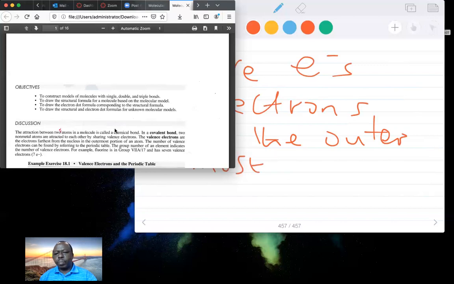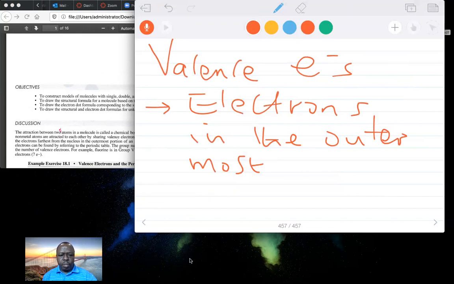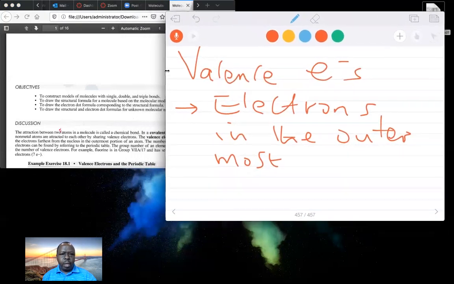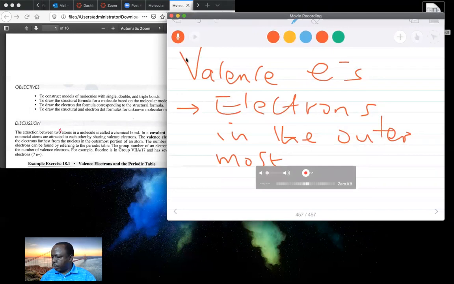This is the definition of valence electron. We need to understand this in order to draw the Lewis structure. If we don't know the Lewis structure, then it's going to be difficult for us to draw the molecular geometry of a molecule using the periodic table.